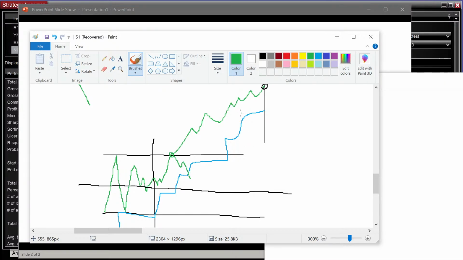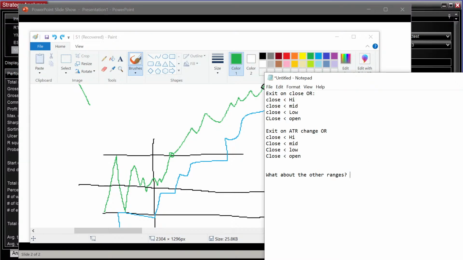So we gotta be up here when that occurs. So it allows price to float around, and if it ends up going up, then we'll exit when it crosses beneath the ATR up here. So this is the next variation that we ran.